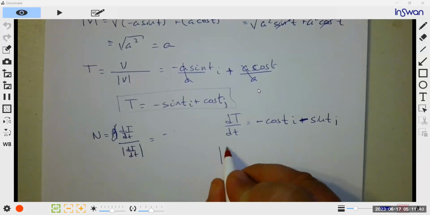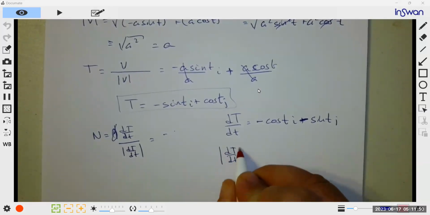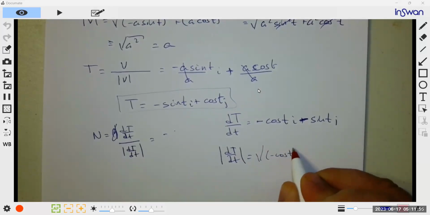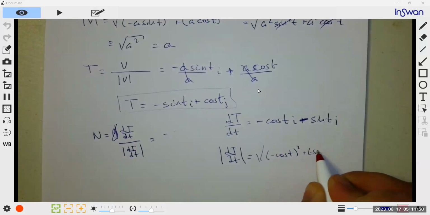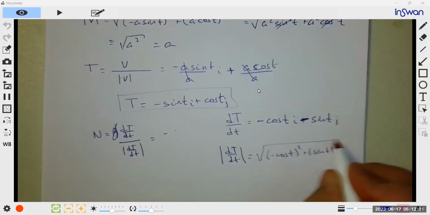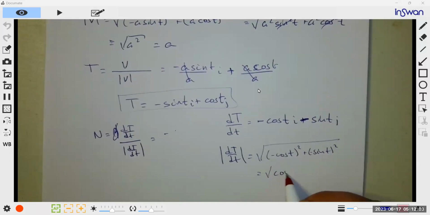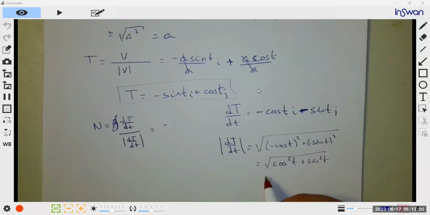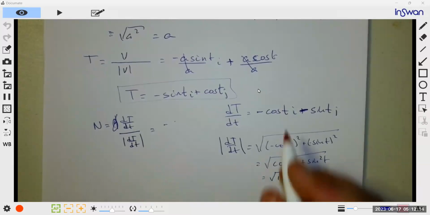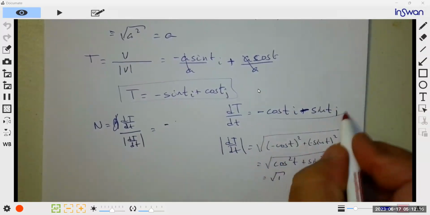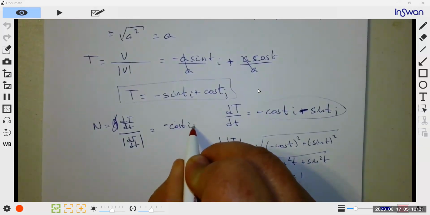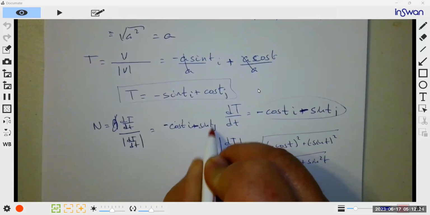And so the magnitude is going to be cosine squared plus sine squared. Again, it's going to be 1. So the denominator is 1. So all we have on top, our answer, N is cosine t i minus sine t j.